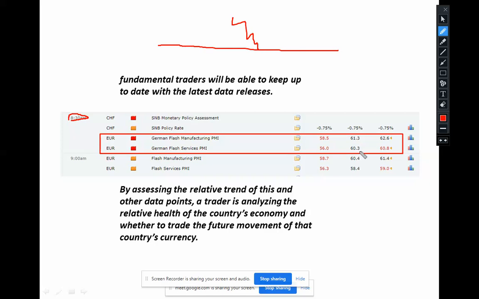Which means when I open my website, Forex Factory, I try to access the data given there to know if I should trade up or down. I'm not saying buy or sell, but you should know the direction the market is heading. That is why fundamental analysis is highly necessary.